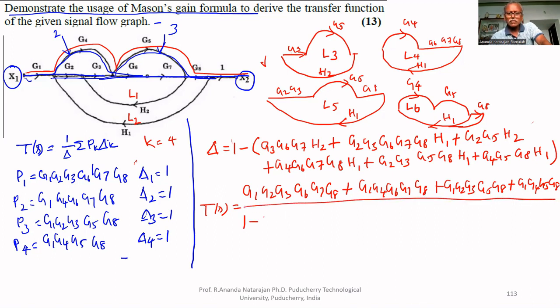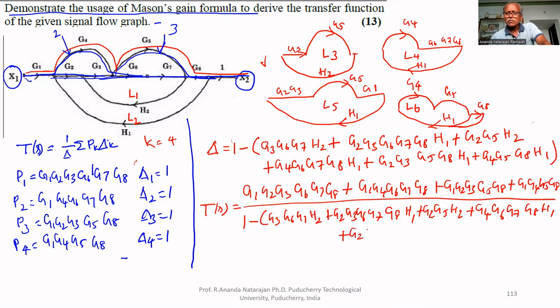That is 1 minus G3, G6, G7, H2 plus G2, G3, G6, G7, G8, H1 plus G2, G5, H2 plus G4, G6, G7, G8, H1 plus G2, G3, G5, G8, H1 plus G4, G5, G8, H1. That's all.